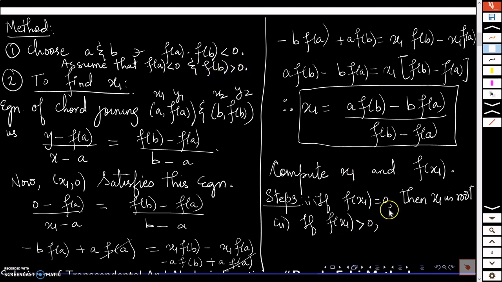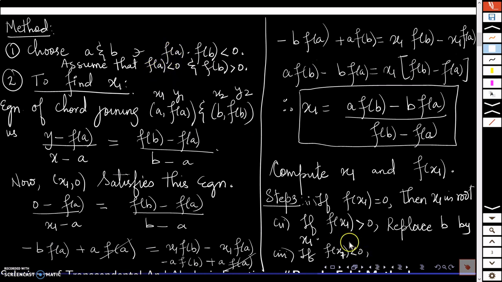We will replace b by x1. You replace b by the point x1, right? And if f of x1 is negative, f of a is negative.